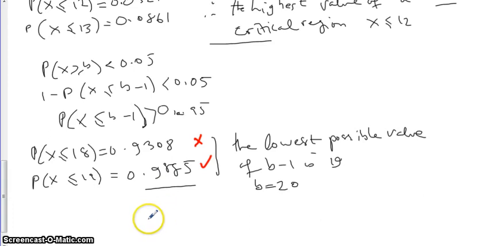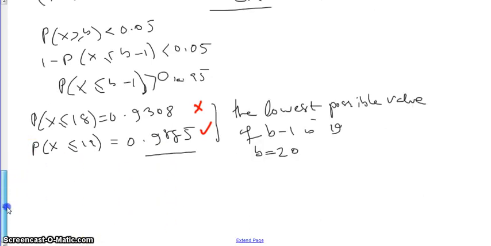So we end up with b equals 20, and so therefore we know that the critical value is when x equals 20, and the critical region is when x is greater than or equal to 20.